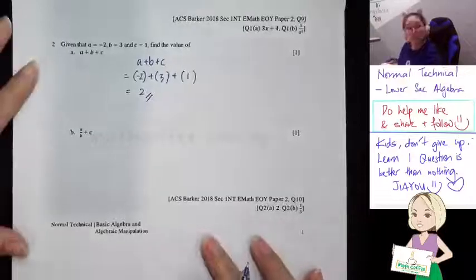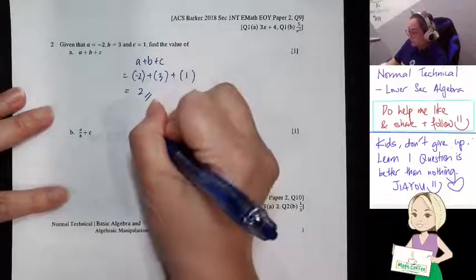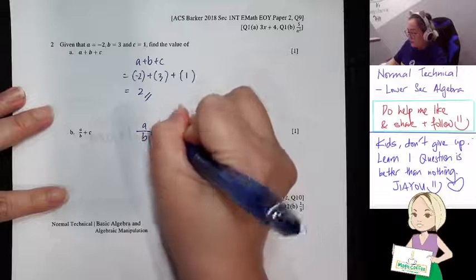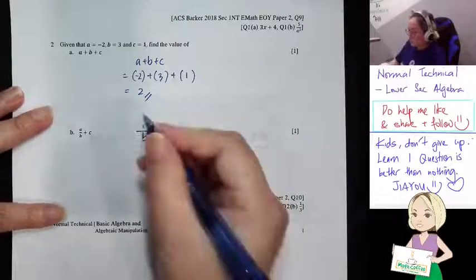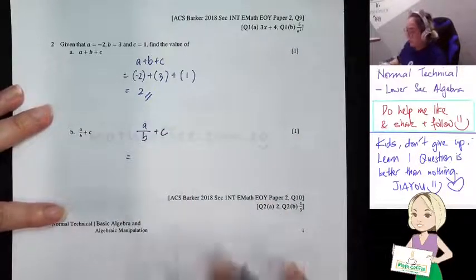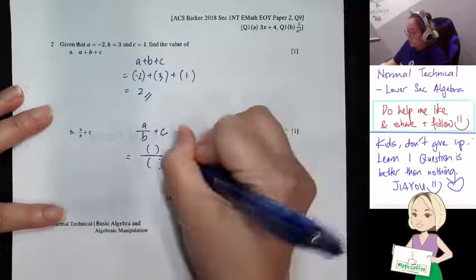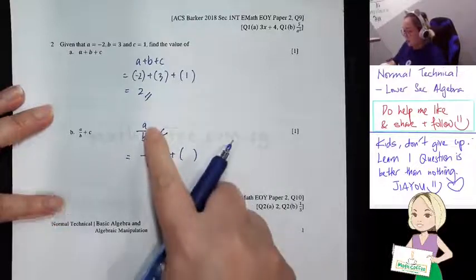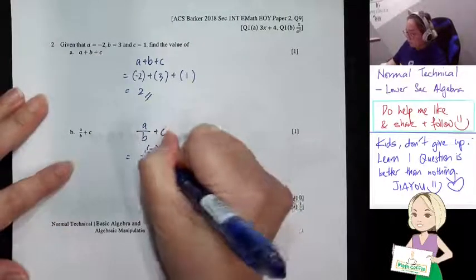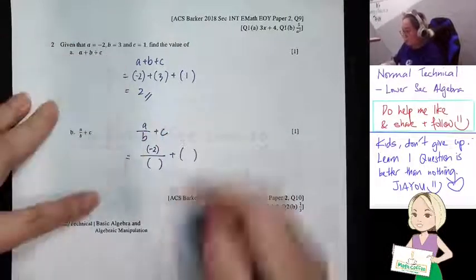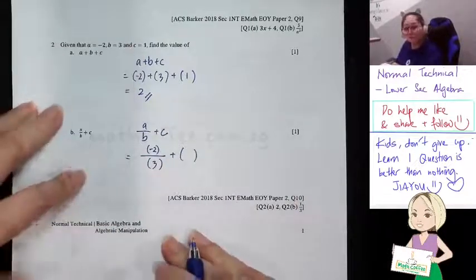Let's move on to the next one. A over B plus C. Same thing, we're going to replace all the alphabets with brackets. My A is -2, my B is 3, my C is 1.